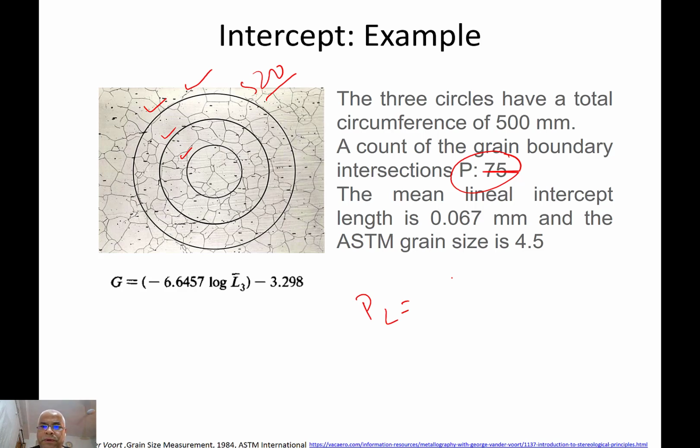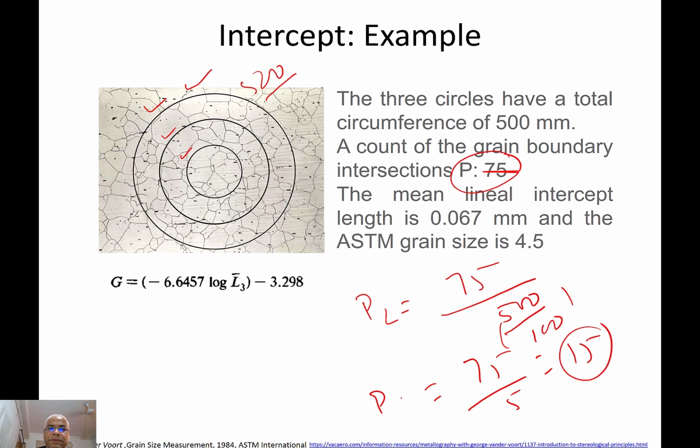To calculate that, 75 divided by 500 divided by 100. This will give us the PL, the grain boundary interceptions per unit length. So from here we get 75 divided by 5, so 15.